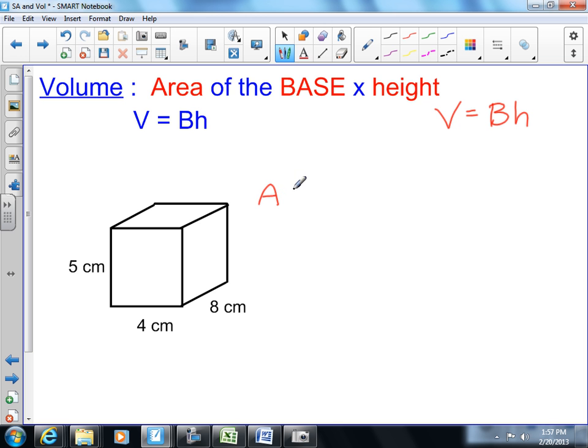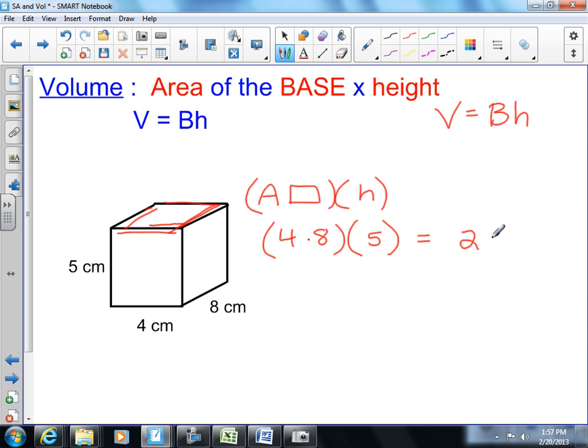So you're going to find the area of a rectangle and then take that times the height of your solid. All right, so let's do that. The area of the base would be a 4 by 8, and I'm going to take that times your height, which is 5.